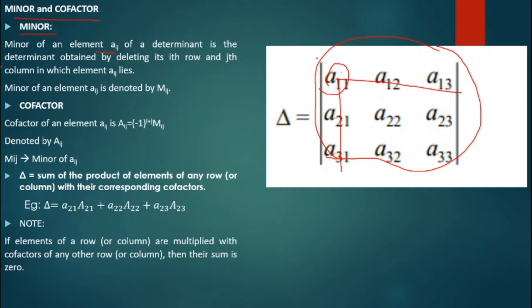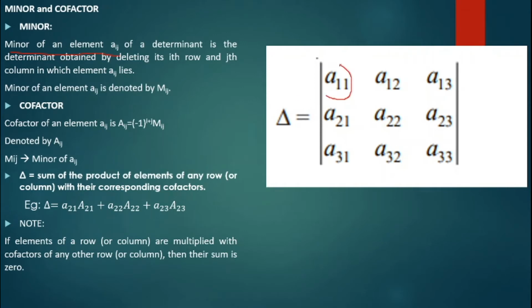I'll repeat once again. Minor of an element aij. So I take the minor of element A11 of the determinant. This determinant is obtained by deleting the ith row, here the first row, and the jth column, so the first column.